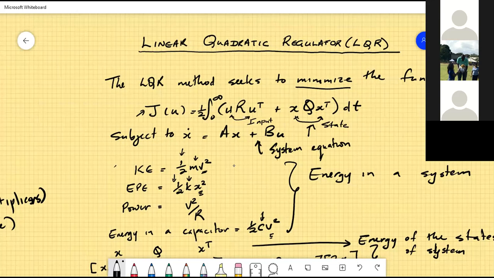So we're not just minimizing the energy, but minimizing energy that has to obey the equation of the system. That is why it is subject to x dot equals Ax plus Bu.